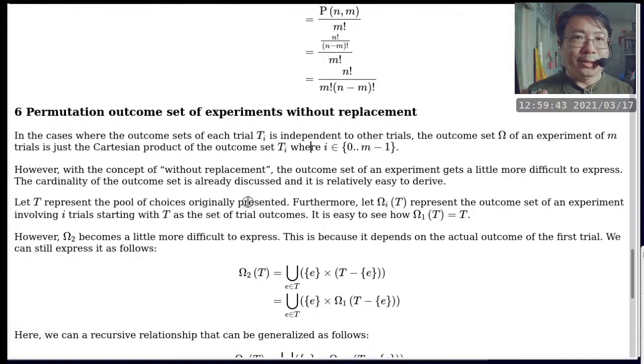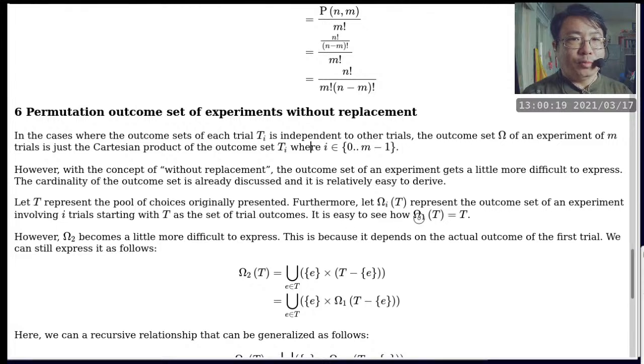In other words, the bag that contains A, B, C, that is T, uppercase T. And then we use this notation, omega i of T, to represent the outcome set of an experiment that has i trials, where trial 0 has T as its set of possible outcomes. Are we good so far with this notation? Because the notation is very, very important in this case.